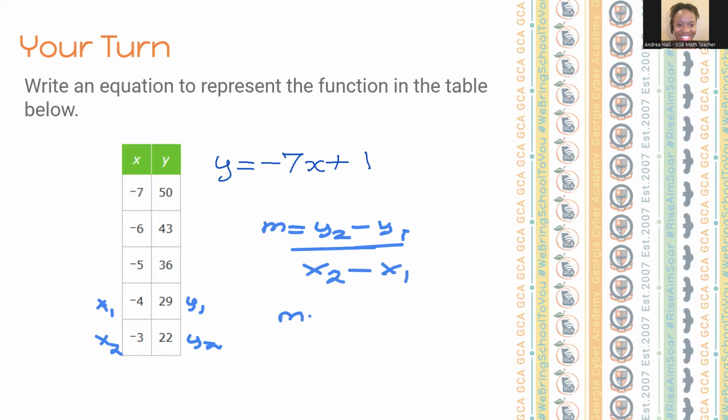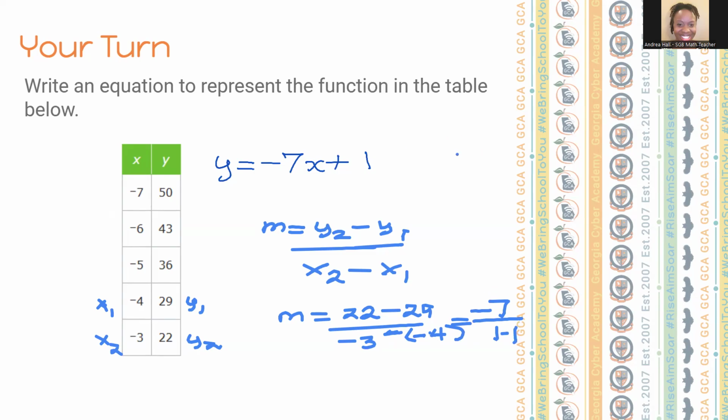Plug it in. m is equal to 22 minus 29 all over -3 minus -4. I don't actually have to put this in my calculator because I know that 22 minus 29 is going to give me -7. And -3 minus -4 is going to give me +1. So I already know that the slope is there.